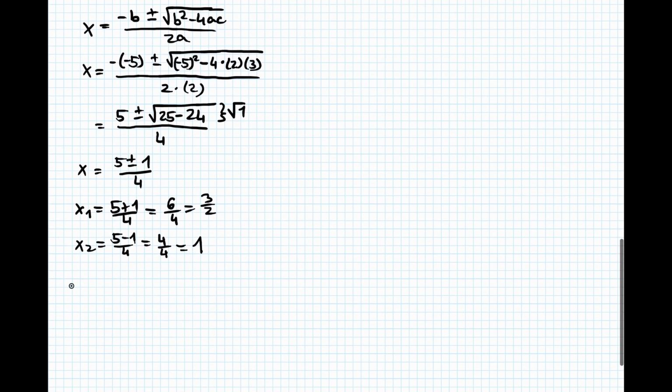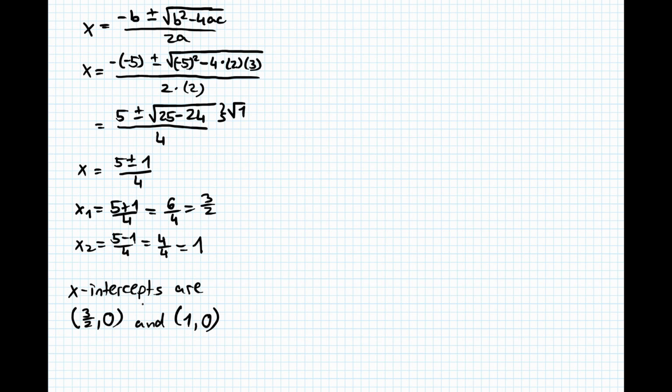So our x-intercepts, basically our x1 is 3 halves, 0, and 1, 0.